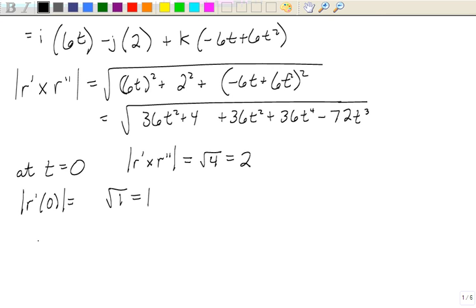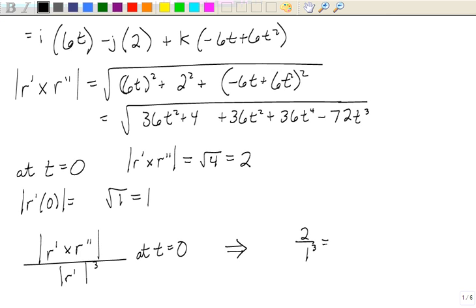And then we have the magnitude of r prime cross r double prime over the magnitude of r prime cubed at t equals 0. That's equal to 2 over 1 cubed, which is 2. So the curvature is 2 at the point where t equals 0, so at 0, 1, 0.